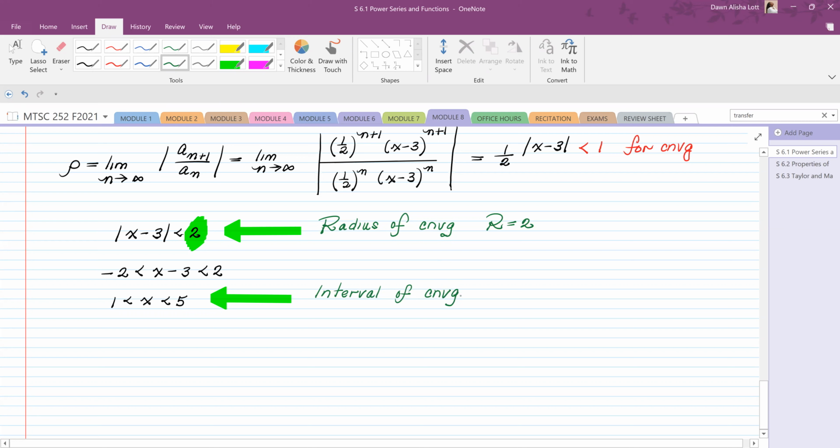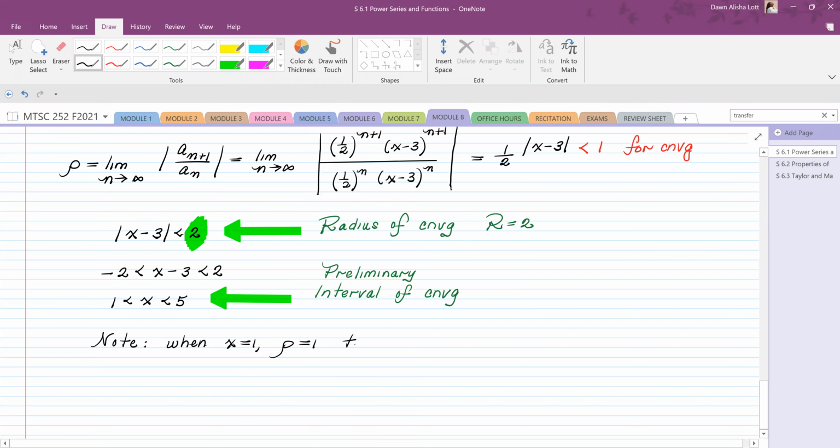Now, I always call this the preliminary interval of convergence, because we don't know whether or not this thing converges at 1 or at 5. Okay, so note when x equals 1, rho is 1.